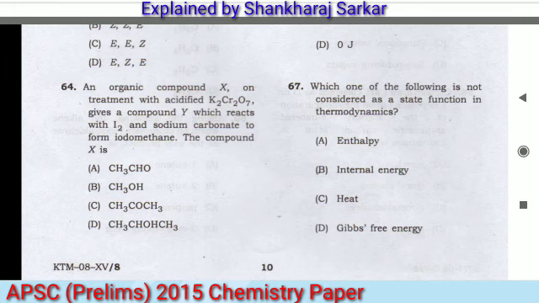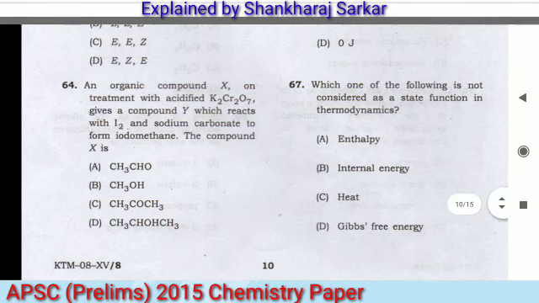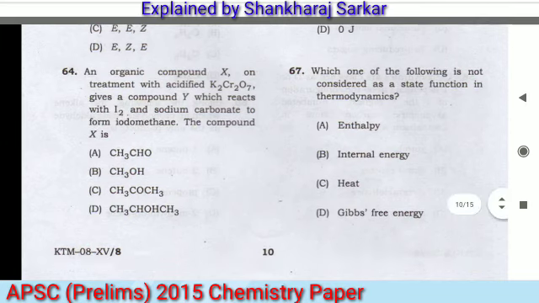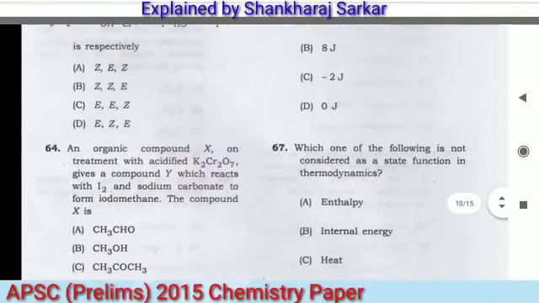Now here, if you know why K2Cr2O7 is used, then you can easily find the compound. Basically K2Cr2O7 is used for oxidation, and here option D is correct, because after oxidation option D will become a ketone, and that ketone will become triiodomethane if it reacts with iodine and sodium carbonate. So option D is correct.